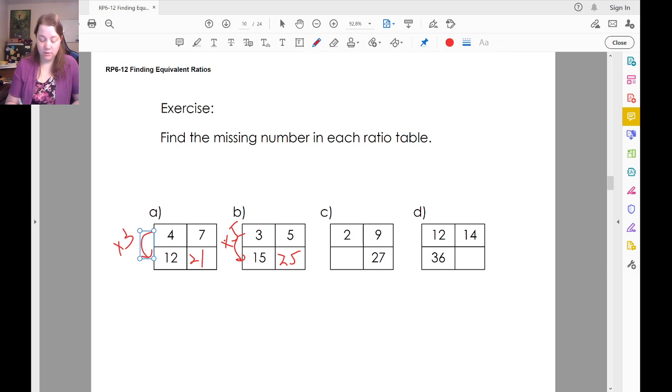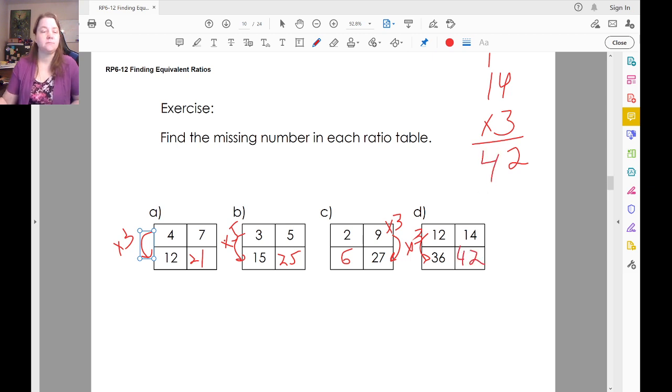To go from 2 to, I don't know what that is, so I'm going to have to go to the other side. 9 times 3 is 27, so 2 times 3 is 6. 12 also times 3 is 36, so 14 times 3, 4 times 3 is 12, is 42.